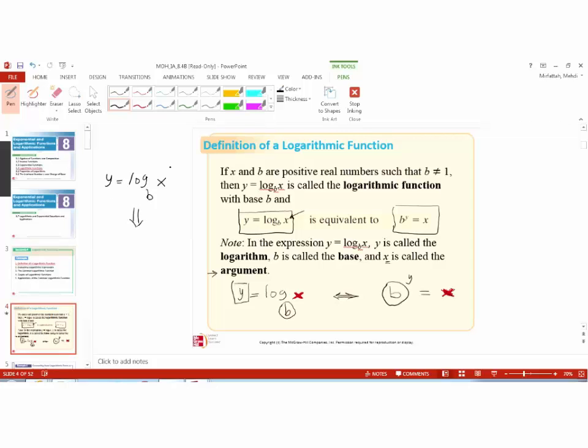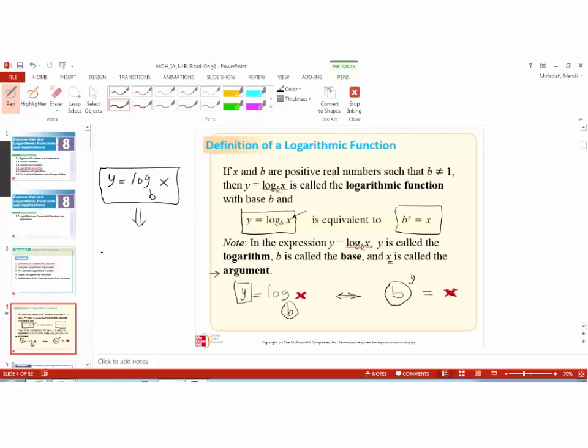So I have to know how to change this logarithm to an expression without logarithm, which is the exponential, as we looked at the graph of that earlier. That would be the same as b to the power of y is equal to x. So without this translation, we really cannot solve any problem involving logarithm. That's the first thing that you have to remember.